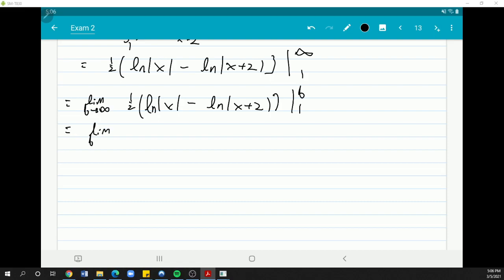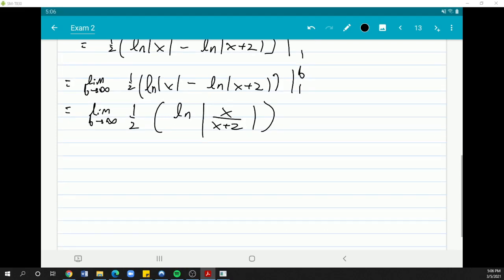I don't really know. But I have logs here and I have minus. So this is actually the limit as b goes to infinity of 1/2 the natural log of x over x plus 2, right? Because of log rules, log of something minus log of something just says divide those things. Now I can push this limit in, evaluated from 1 to b. So let's put the 1/2 out of the limit.